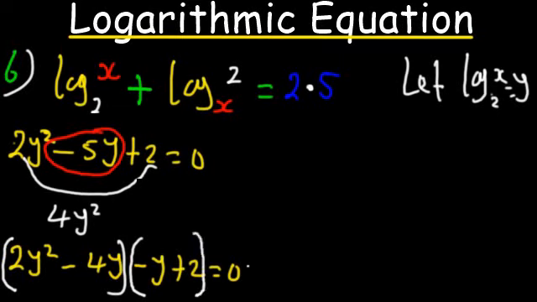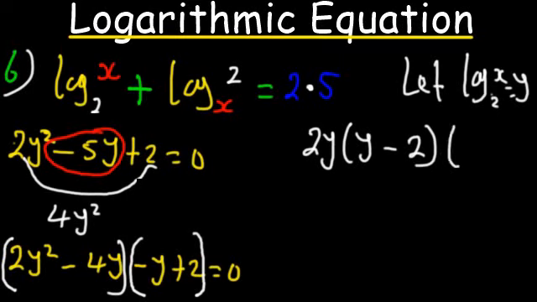And the next thing we want to do is to factor out the common factors. So it turns out that at this part 2y is common, so we can bring it out as a common factor. Then left over we have y minus 2. And for the other part we have minus 1 to be common.